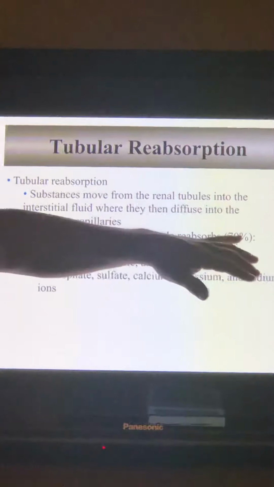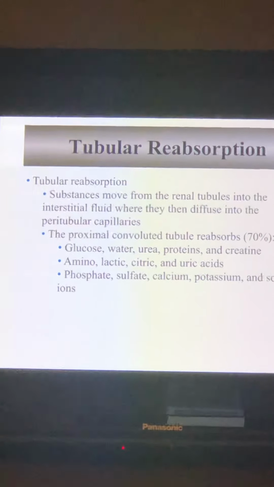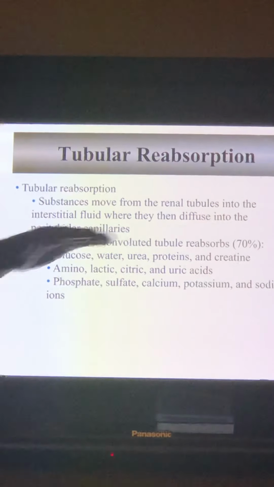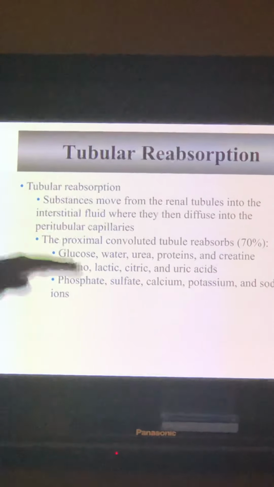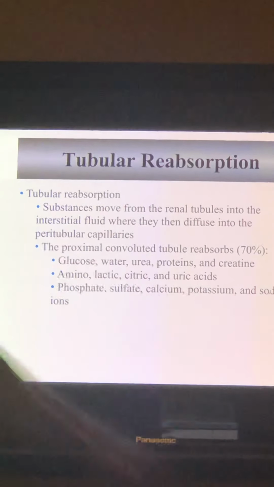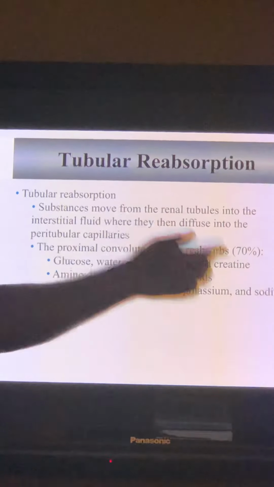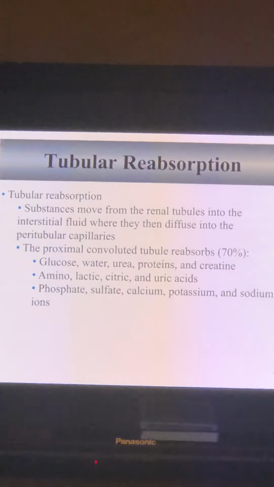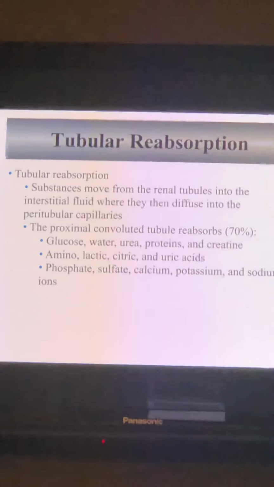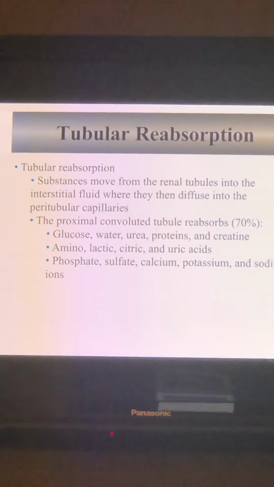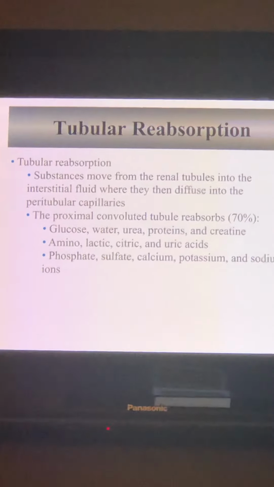In fact, it says 70%. But what I want you to know primarily for the test is that tubular reabsorption primarily takes place at the proximal convoluted tubule. It's reabsorbing everything: glucose, water, urea, proteins. You can read through your text there, all these ions, because we need them. Very little of this goes into your urine. Urine is waste.